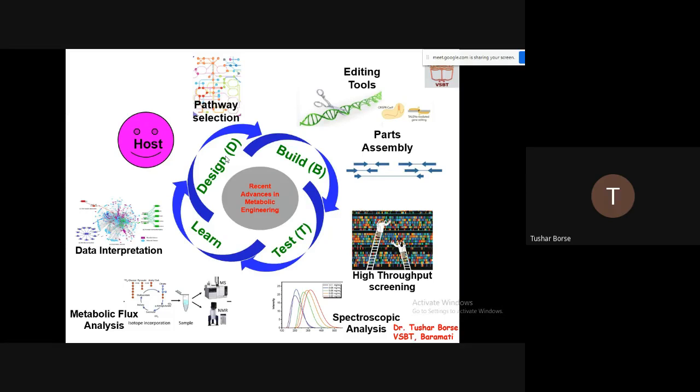So do that modification, then again go for build, then test, and then learn. This cycle you may have to repeat n number of times until you get the desired product in which you are interested, right? So this is what is required for metabolic engineering, and this is what we are going to study in detail.